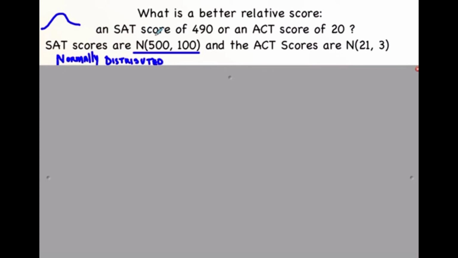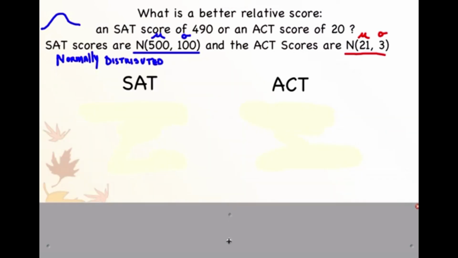The first number listed is the mean, that mu. The second number is the sigma, the standard deviation. So SAT has a different mean and standard deviation than ACT. So over here, ACT is also normally distributed, but this time the average, the mean, is 21 and the standard deviation is 3. Okay, so we're going to need to make a z-score for both of them.